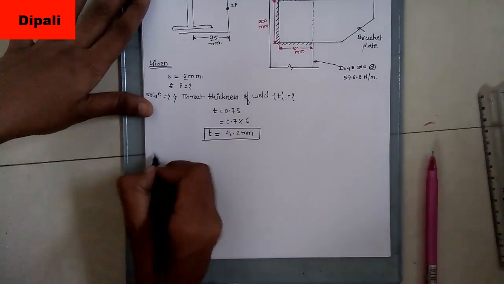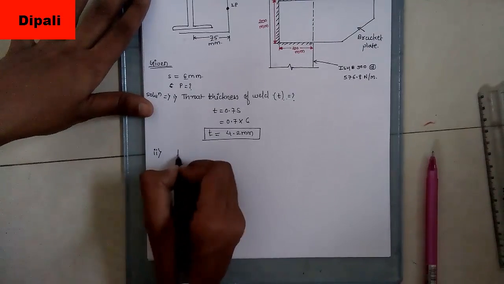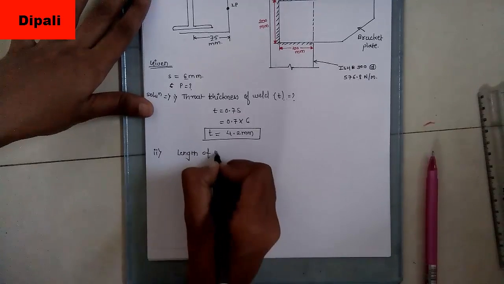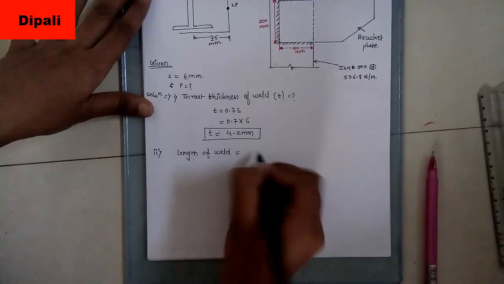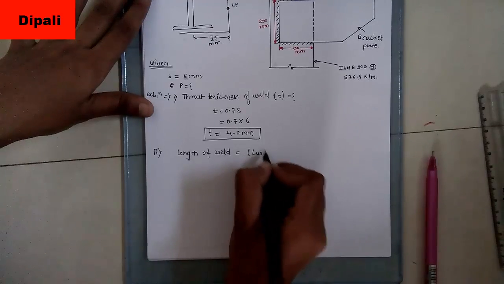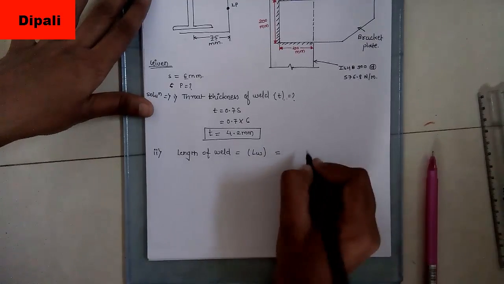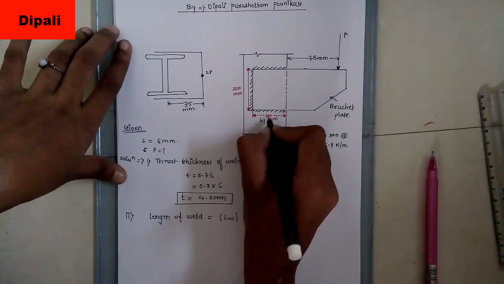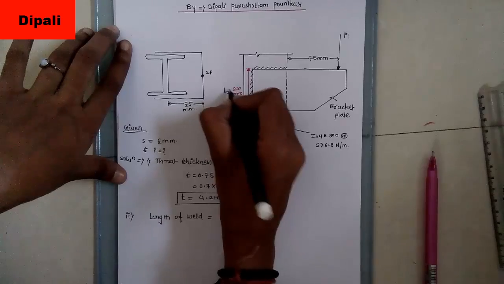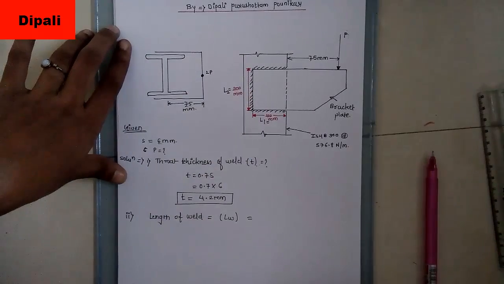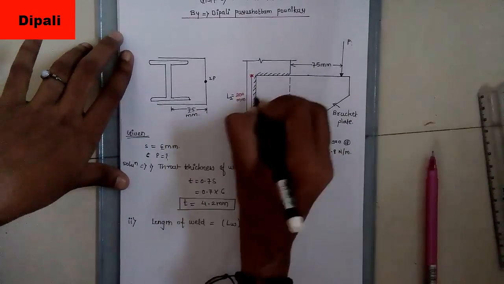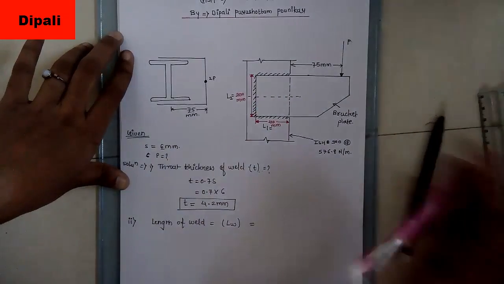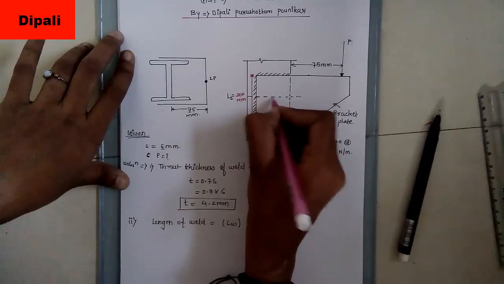After that, the second one is the length of weld, which is denoted by LW. From the figure you can see this is L1, that is 200 mm, and this is L2, that is also 200 mm. After that we have to locate the centroid G first.